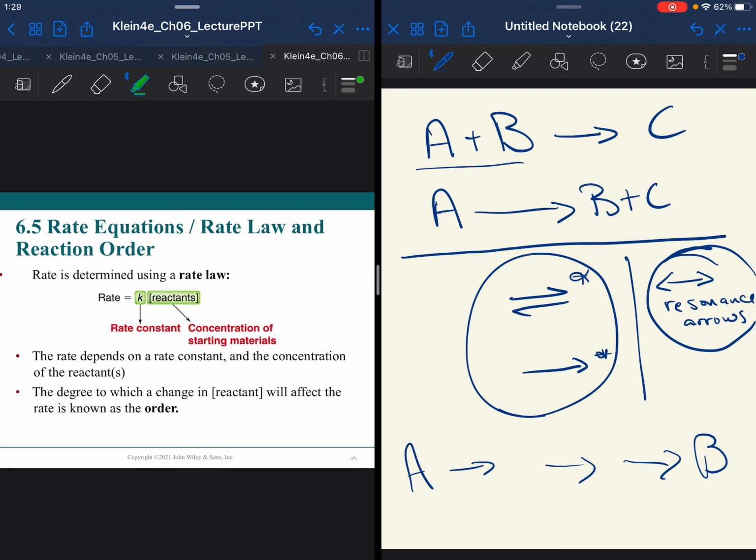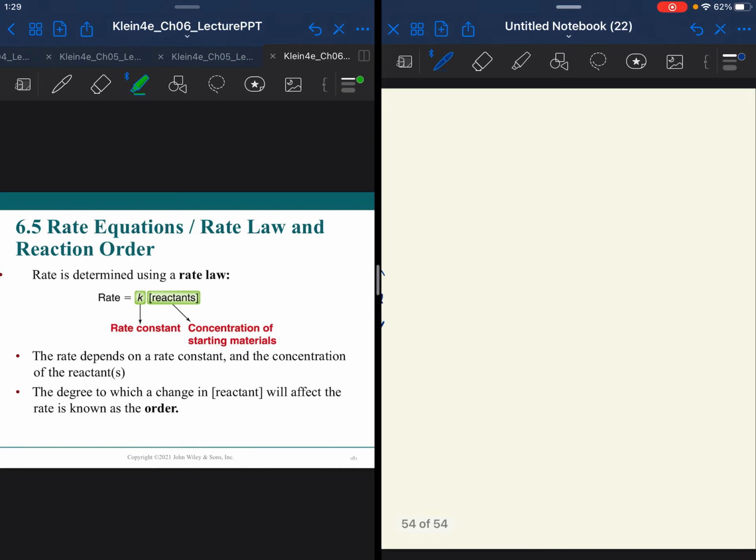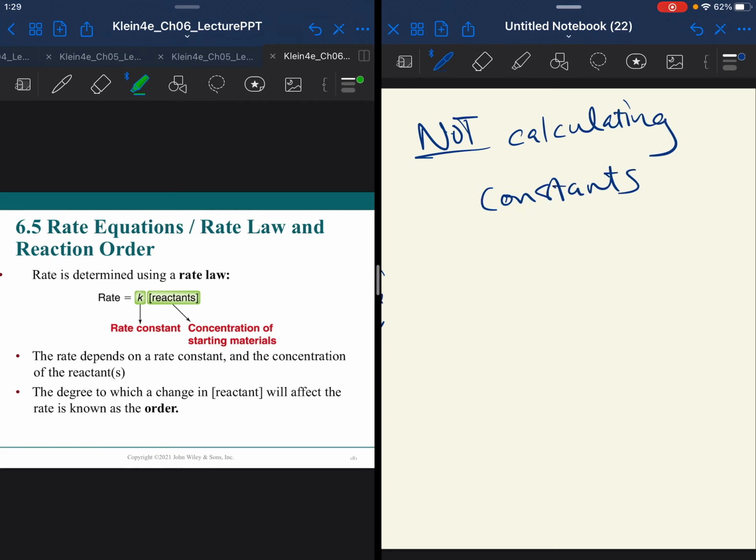So while we aren't going to come up with rate laws, while we aren't going to calculate rate constants, please hear me again. We are not calculating much of anything. We are not calculating rate constants. However, rate constants were calculated to come up with the mechanisms that we're going to look at.